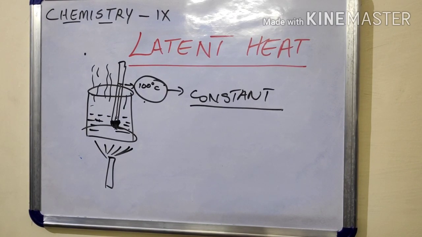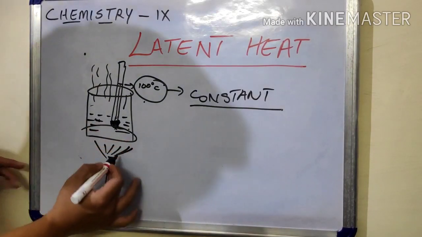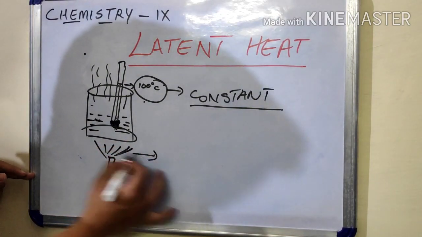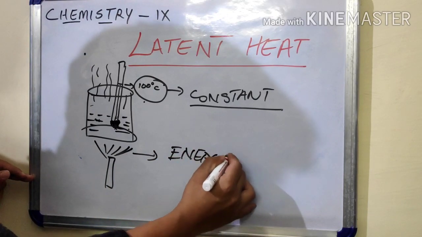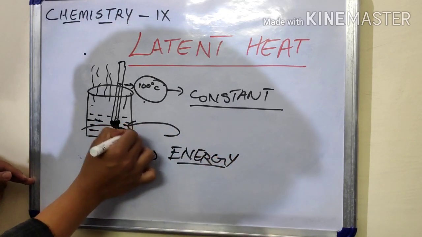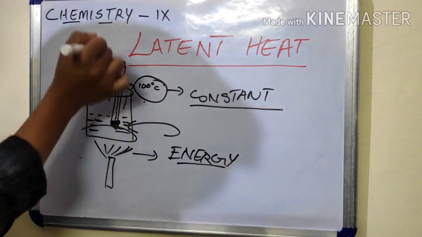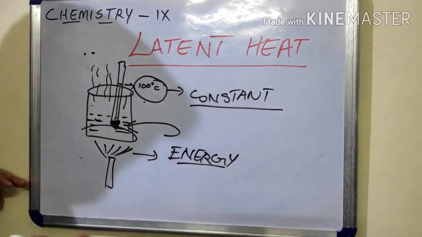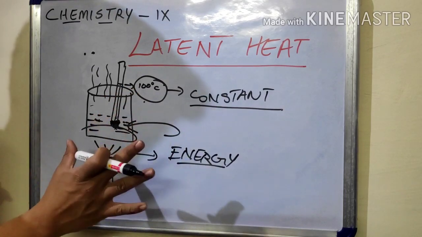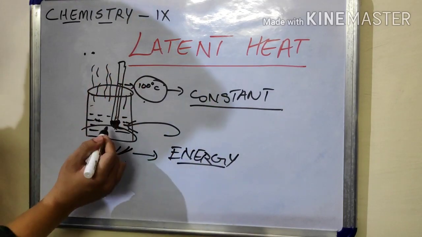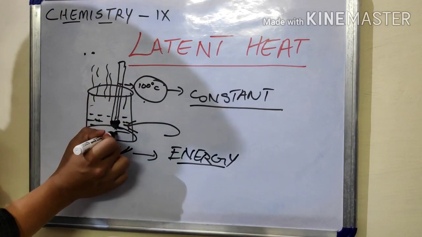Here, what is happening is, all the heat that you are providing is being converted to energy to convert this water into vapors. Understand this. The temperature of the water is not rising anymore. It's remaining a constant 100 degrees Celsius. Your thermometer is in water.